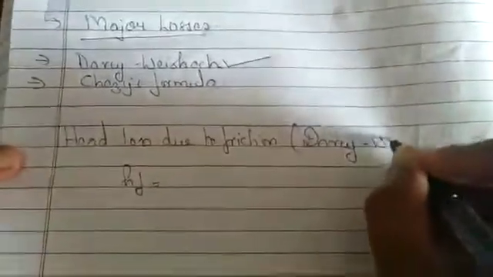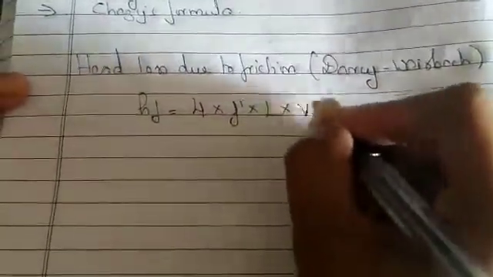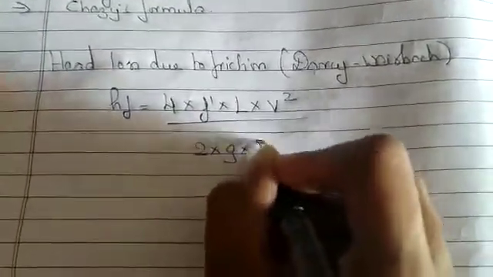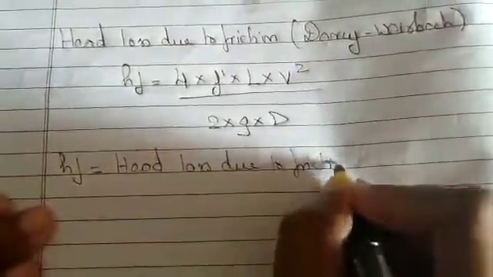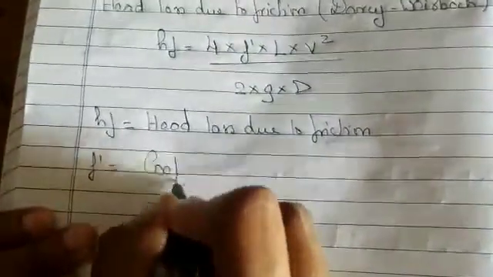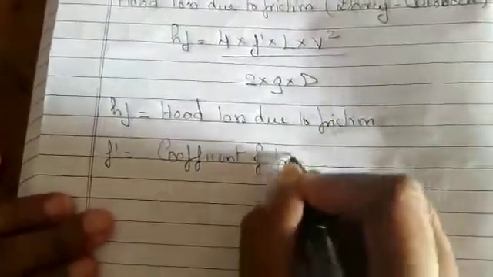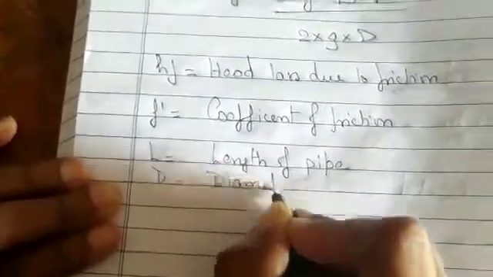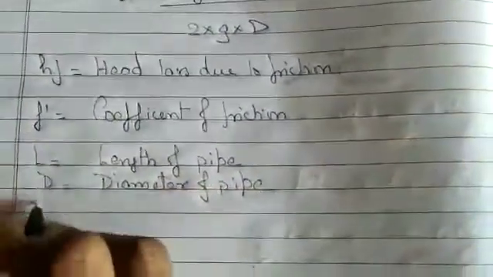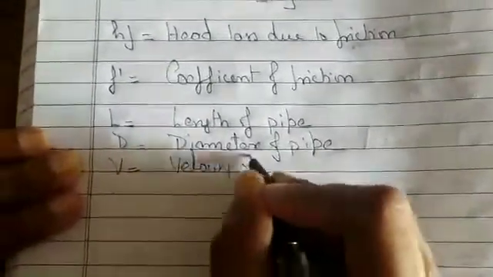As per the Darcy Weisbach equation, hf is equal to 4 into f dash into L into V squared by 2 into g into D. Here hf is the head loss due to friction, f dash is the coefficient of friction, L is the length of the pipe, D is the diameter of the pipe, and V is the velocity of the flow.